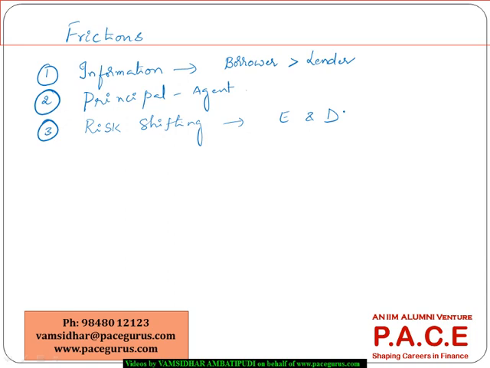In some cases, the risk can shift from the debt to the equity investors also. Typically, when we are talking about too big to fail kind of companies, they are borrowing heavily.